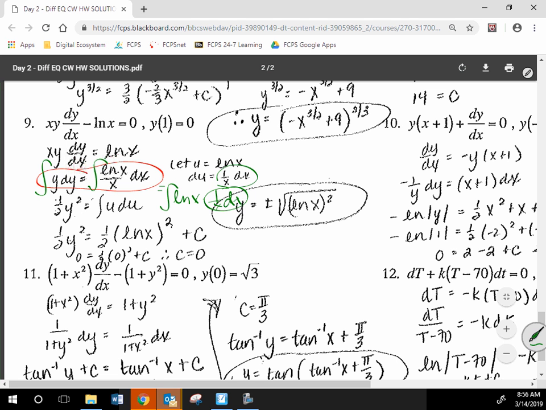Doing that u-sub, on the right side we get for our antiderivative 1/2 natural log of x quantity squared plus c. And on our left side, that was a pretty nice antiderivative, 1/2 y squared. Now, they did give us an actual particular solution, so we can find our c value.